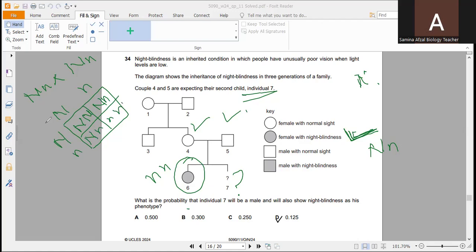According to this, the probability of having this child is 1 by 4 or 25%. So according to this, D is the correct option.